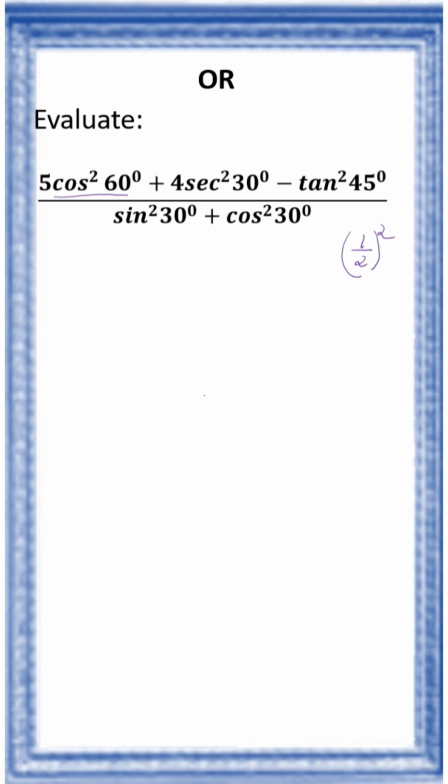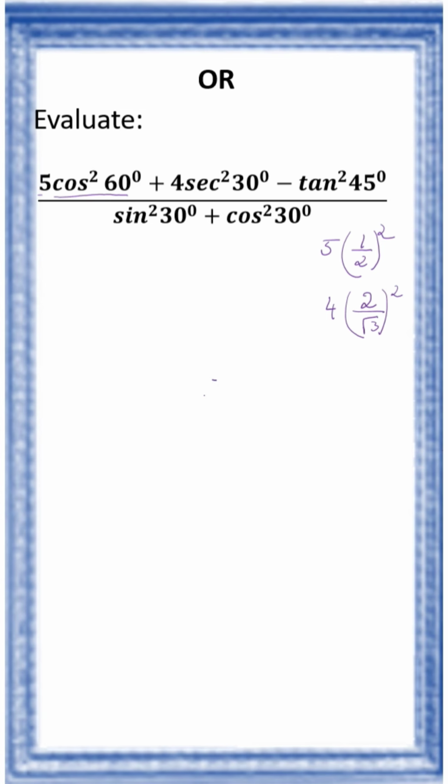Cos square 60 is 1 by 2 the whole square, into 5. 4 secant square 30. Secant 30 is the reciprocal of cos 30. Cos 30 is root 3 by 2. So secant 30 is 2 by root 3, the whole square, into 4.